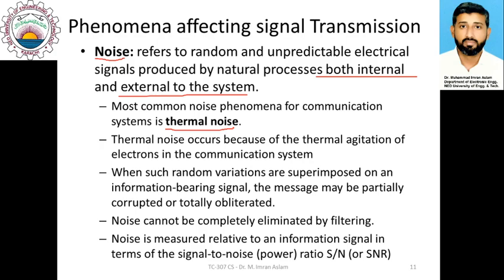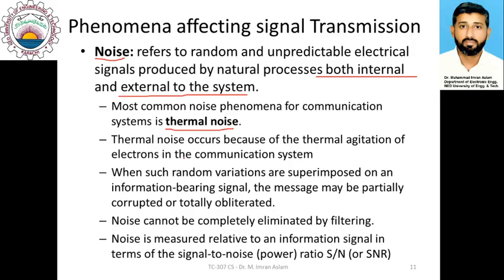And we know that if the temperature of the system increases, the movement of electrons gets faster, and we will get more noise. That's why we call it thermal noise, because it is dependent on the temperature of the system.